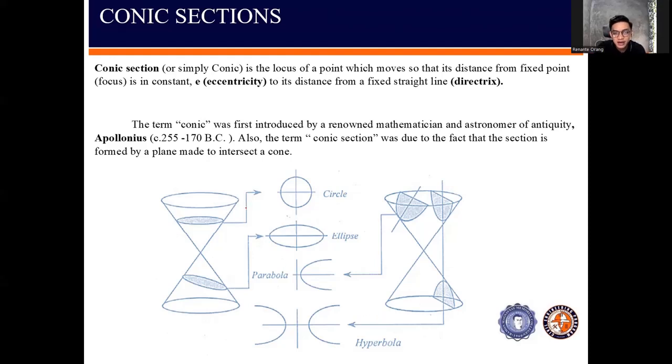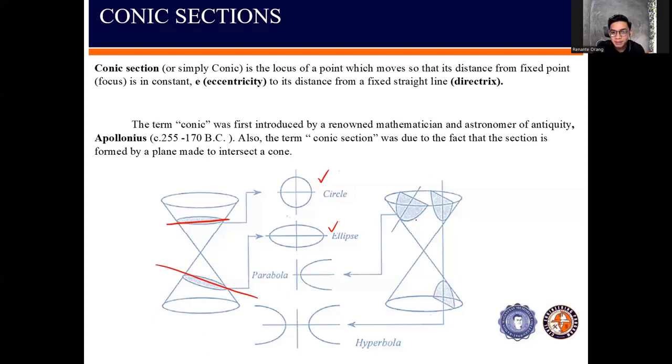So first one, if we cut our cone parallel to our base, that is called a circle. But if we cut our cone not parallel, but diagonal, from one side to another side, that is called an ellipse.